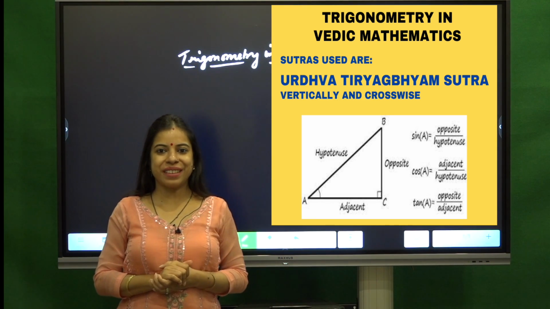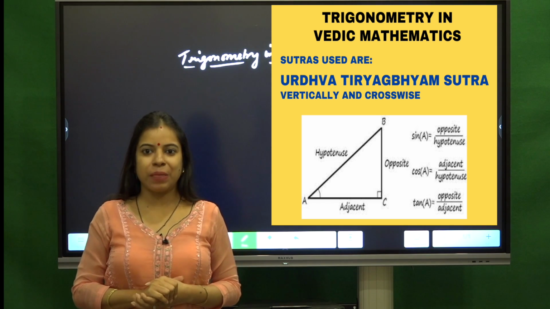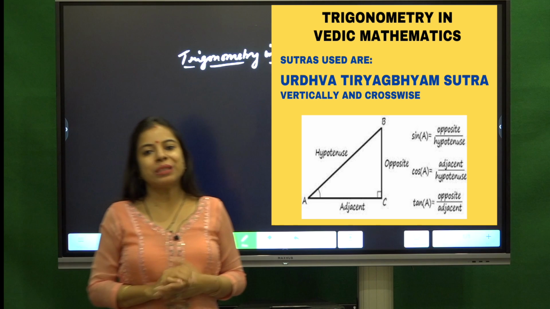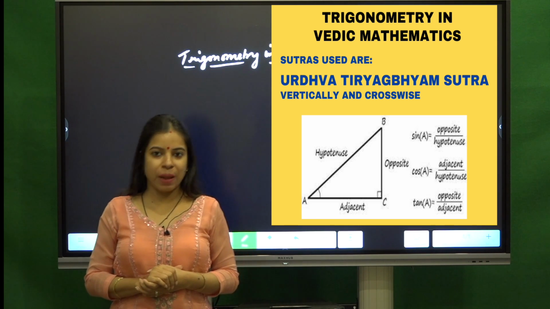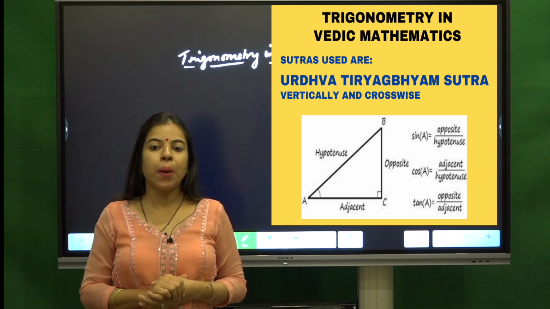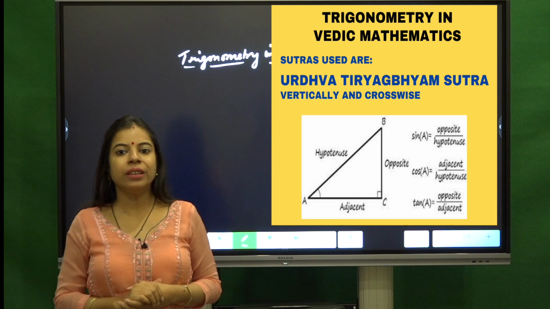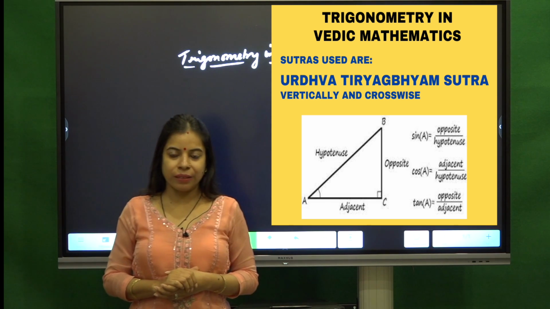I'm Dr. Neha Bhatia, and today I'm going to talk about trigonometry in Vedic mathematics. Trigonometry is basically a branch of mathematics which studies the relationship between the sides and angles of the right angle triangle.